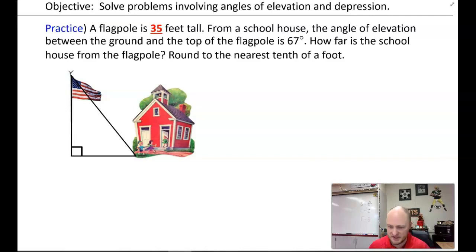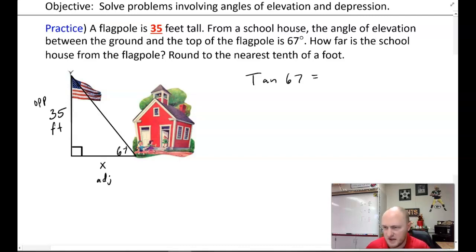All right, hopefully you paused this. Based upon the information, they say that the flagpole is 35 feet tall. There's an angle of elevation from the base of the schoolhouse to the top of the flagpole that's 67 degrees, and they want to know how far the schoolhouse is from the flagpole. So there is your equation. Again, this involves opposite and adjacent, so this is tangent.